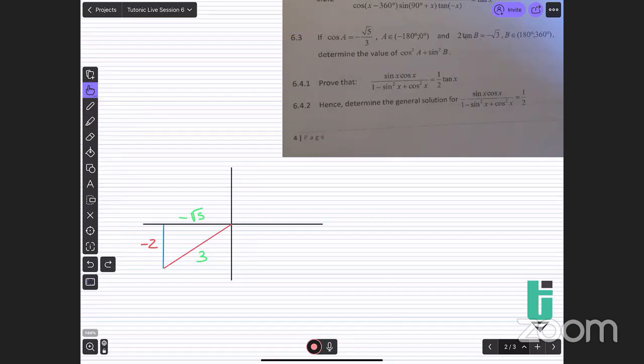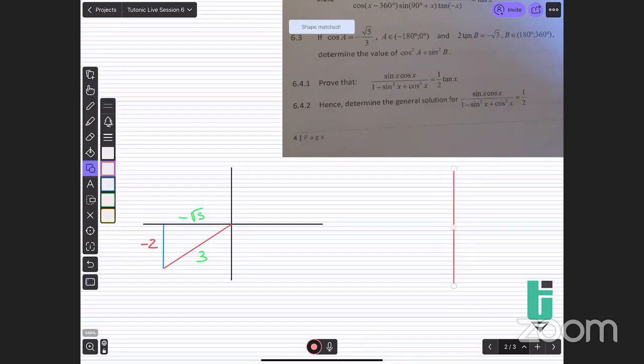And they say that 2 tan beta equals something, so there's another triangle that we have to draw now because it's a different angle. We can draw a different one, right? And this one is between 180 and 360.